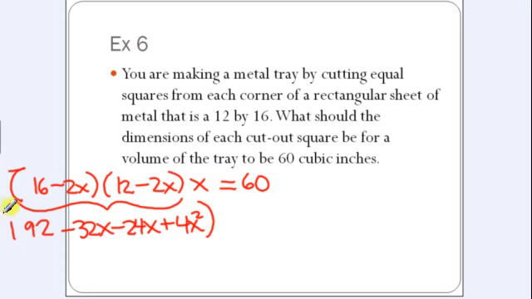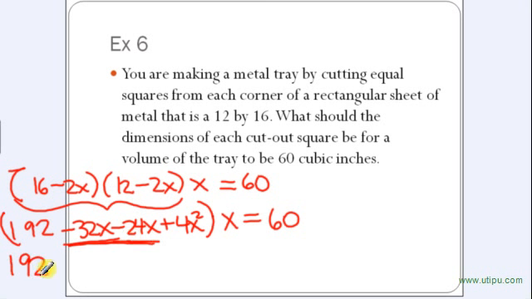Then this we can simplify, and then we also need to multiply it by x. And keep in mind it still equals 60. So I'm going to both distribute the x and combine like terms in the process. So the 192 times x would be 192x.